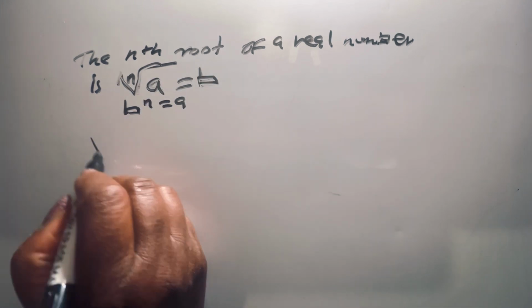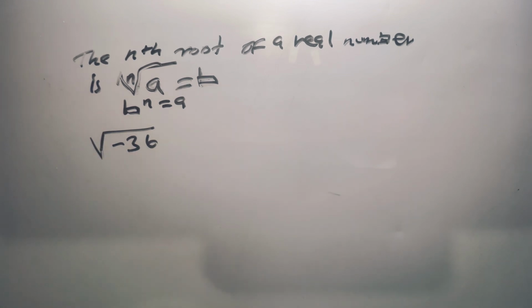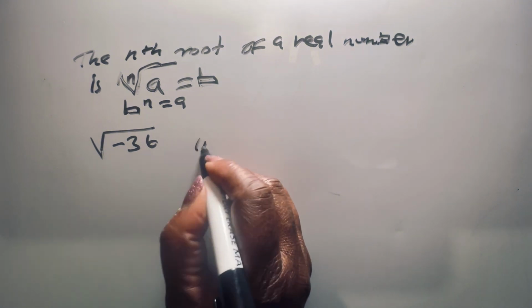What if we are given the square root of negative 36? How do we do that? To find the square root of a negative number, we will need to use the concept of imaginary numbers.